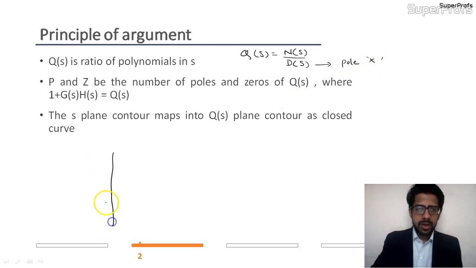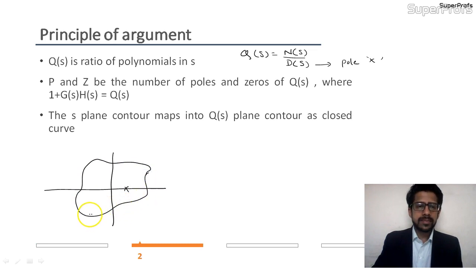Let us draw an S-plane where you have a pole here. You can draw the pole anywhere, and if you enclose this pole clockwise in the S-plane, all these points are the locus of a random point S.